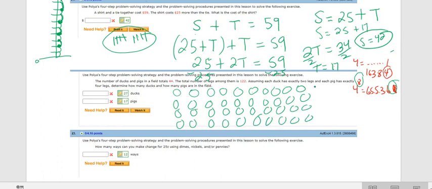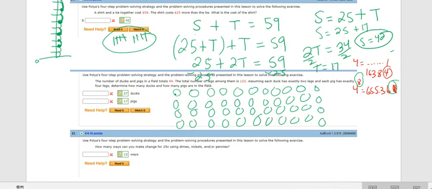So that's 40, 41, 42, 43, 44. Then we know that together they have 122 legs. So assuming each duck has 2 legs and each pig has 4, how many of each animal do you have?